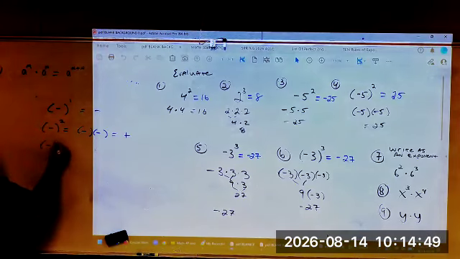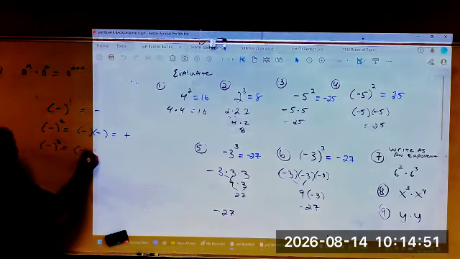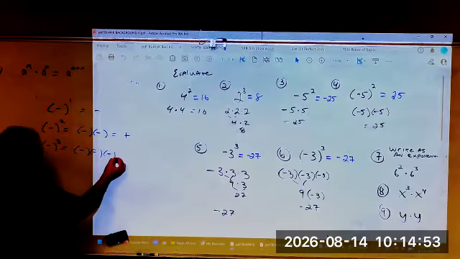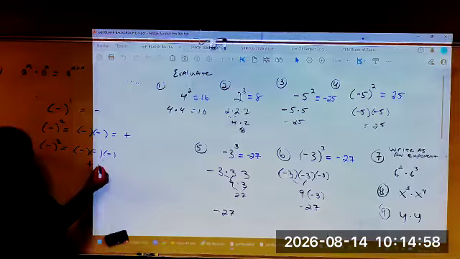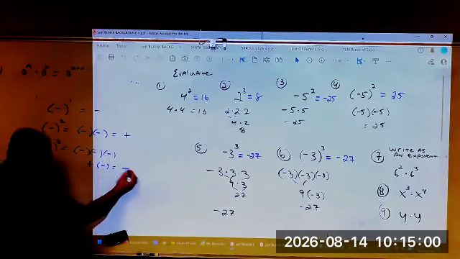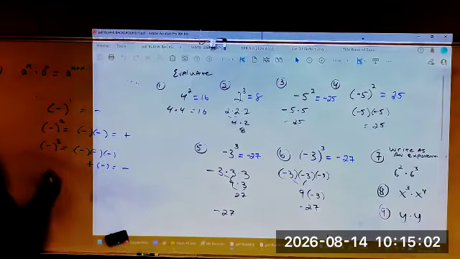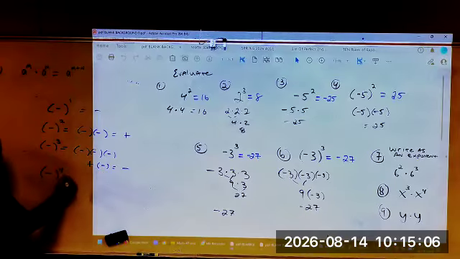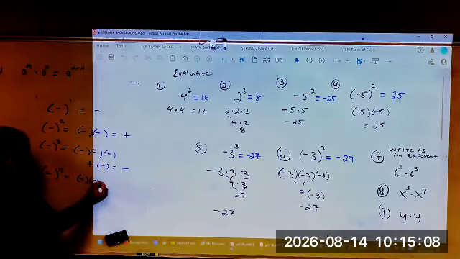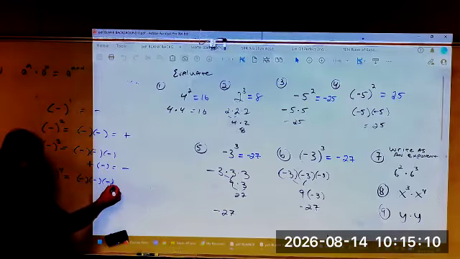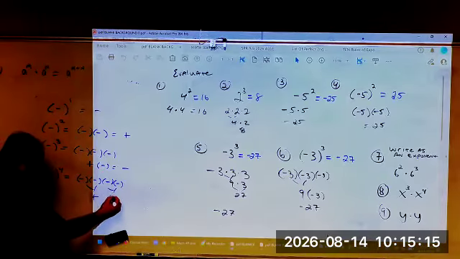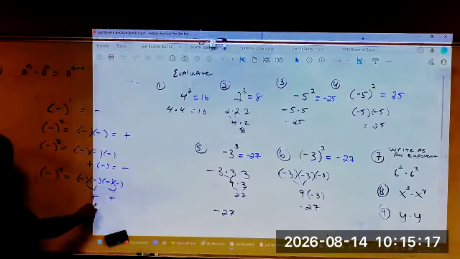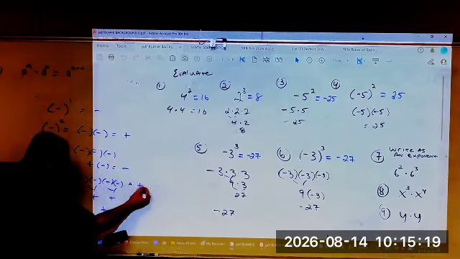When you have a negative to the third, the first two, negative times a negative, that's a positive, times the last negative, makes it a negative. When you have a negative to the 4th power, the 4 negatives, so those two make a positive, and those two make a positive. Positive times a positive equals a positive.